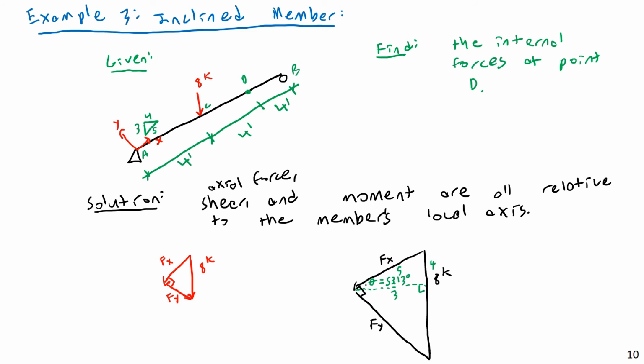Which means this angle from here to here is 90 minus that, which will be 36.87 degrees. And this angle here will be 90 minus that, so back to 53.13 degrees.